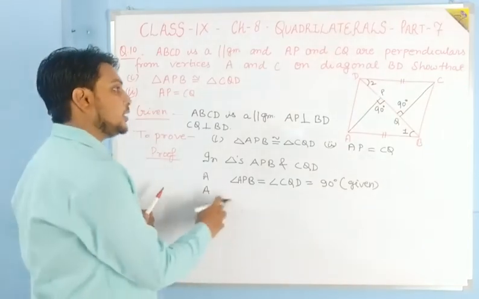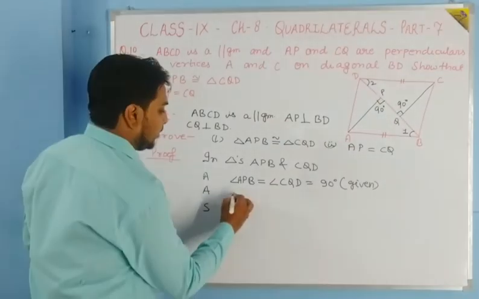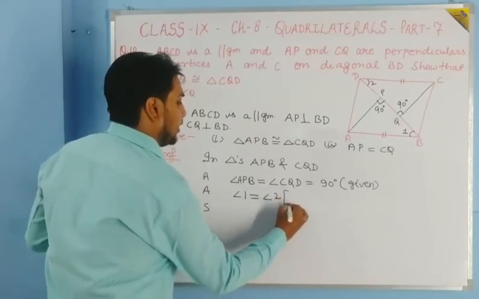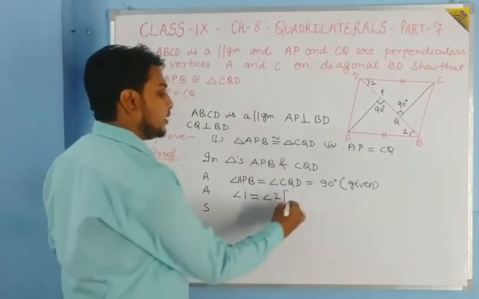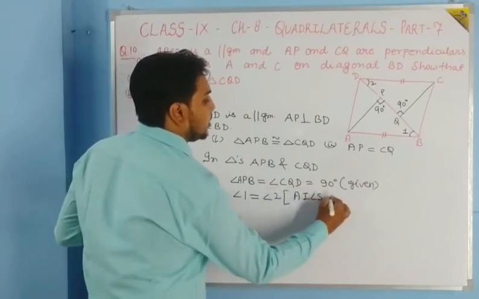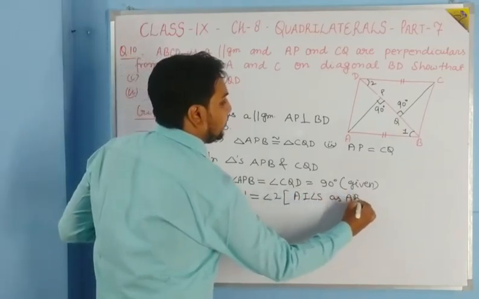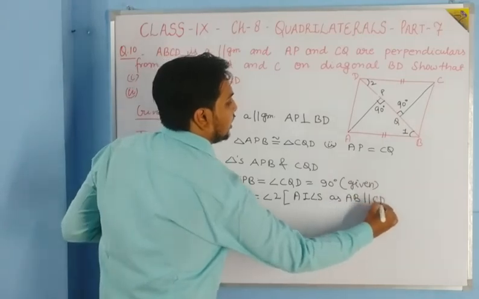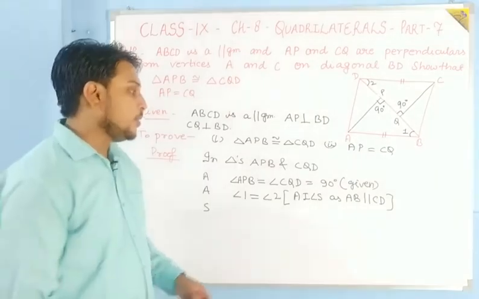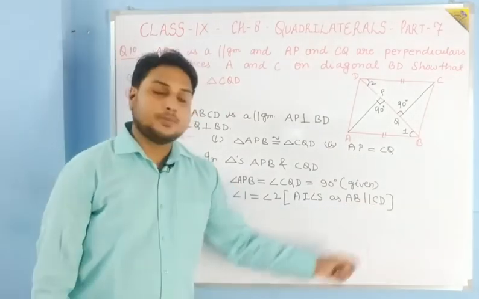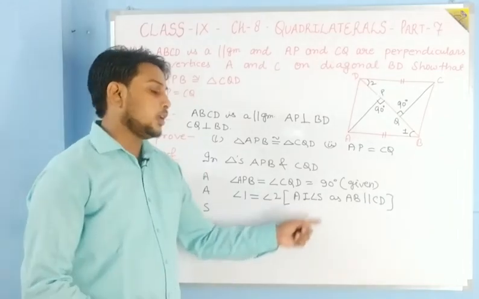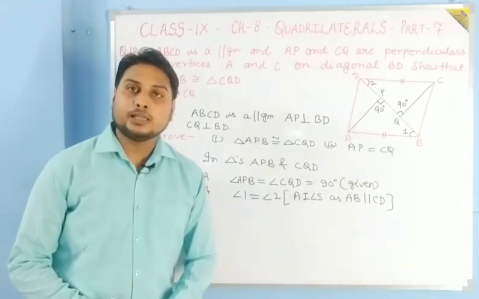The second one is again an angle, and here we will write that angle 1 is equal to angle 2. The reason we will write is alternate interior angles, as the side AB is parallel to the side CD. Because the shape is a parallelogram, its opposite sides will be parallel, and if the opposite sides are parallel, then their alternate interior angles should be equal.